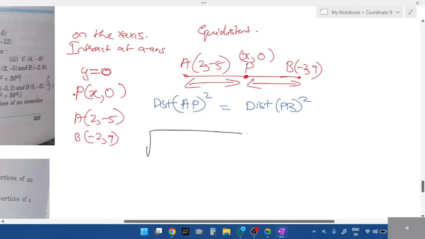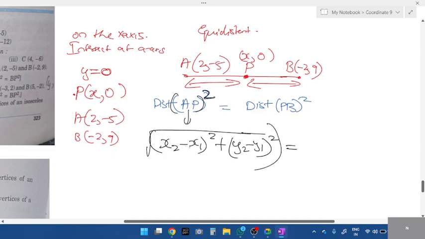What is the usual distance formula we use, students? Tell me the distance: x2 minus x1 the whole square plus y2 minus y1 the whole square. Okay. This is AP. On top of AP, what is given? On top of AP there is a square. Square it. Now tell me the value for these, students. When there is root and square, they get cancelled.